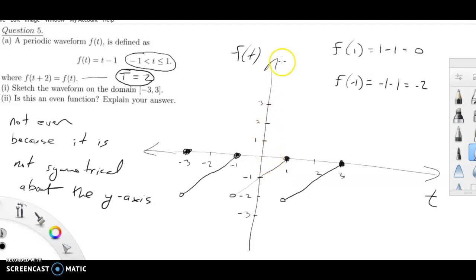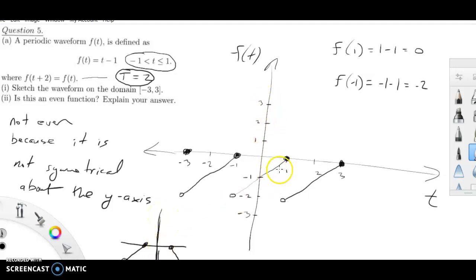If you were to fold the page down along the f of t or y-axis and fold it over, it wouldn't be the same. See where we have this minus 1 guy here. In order for it to be symmetrical, you'd have to have the same thing over on this side, so that you'd be folding along this line and it'd be the exact same.